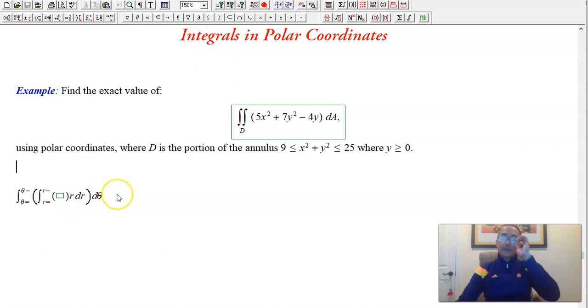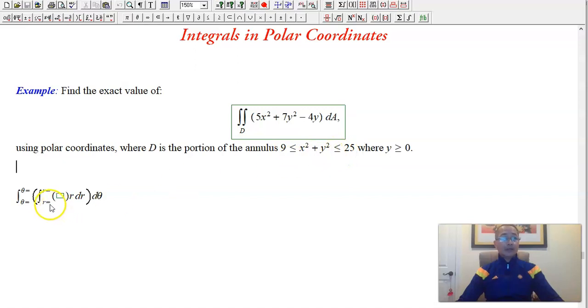Okay, so let's begin. We need to express this portion of the annulus in polar coordinates. Okay, so, well, let's start here. x squared plus y squared is r squared. r squared is between 9 and 25.